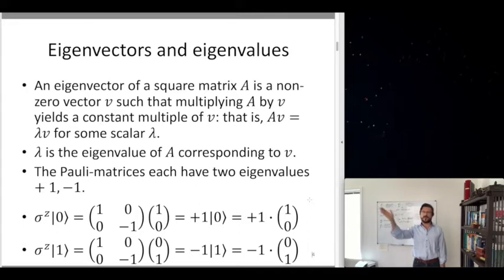It stretches it, but it doesn't change direction at all. That is the same as applying a scalar multiplication to that vector. That scalar is the eigenvalue, and that vector is the eigenvector of that matrix A, okay? So that's the jargon that we use here.